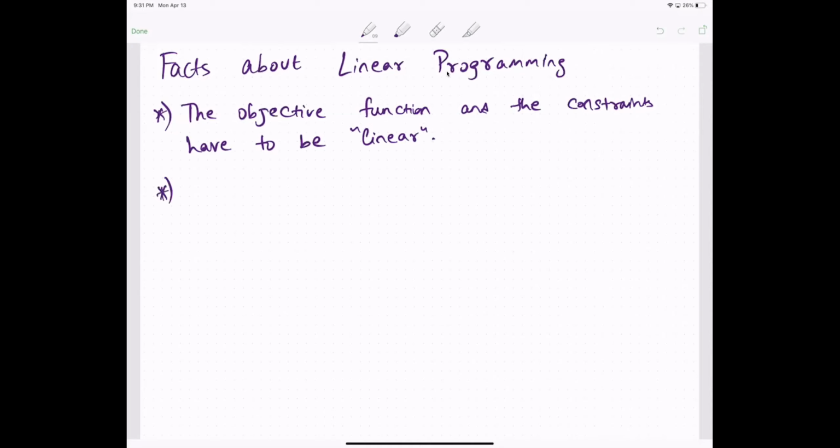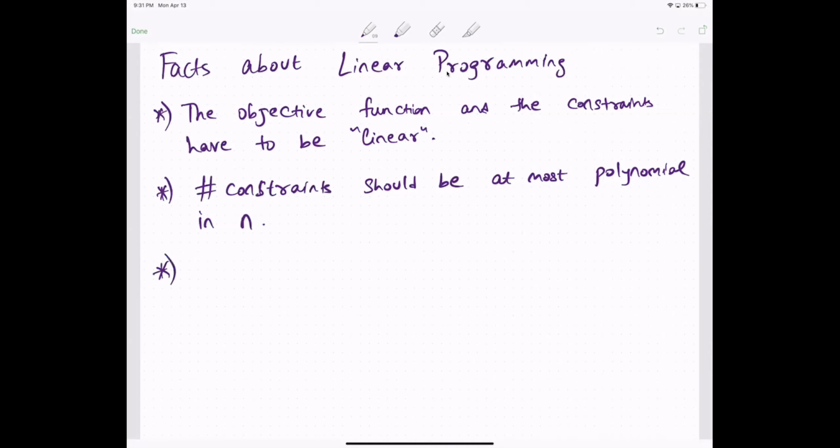The next fact we need is that the number of constraints should be at most polynomial in n, where n is the number of geometric objects given to us as input. And finally, the most important fact that we need for today's lecture is that this LP, if it has a polynomial number of constraints, can be solved in polynomial time.